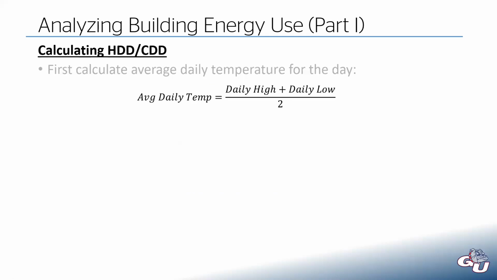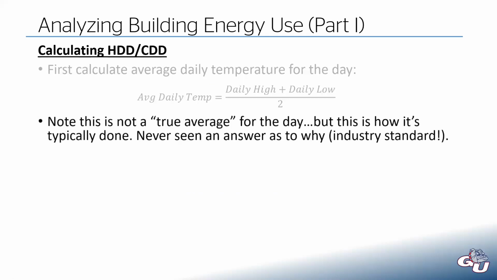This is a little odd because it's not really a true average. If it was at the maximum temperature for a lot of hours in that day, it doesn't weight that at all. All it does is look at how hot it got and how cold it got, and divide by 2. The fortunate thing for our sake is that it makes the calculation very easy.